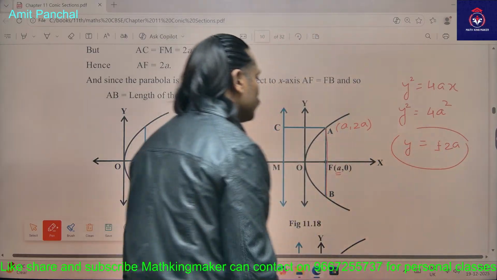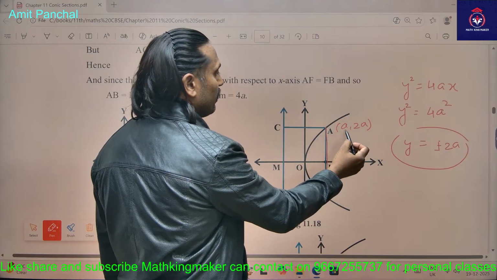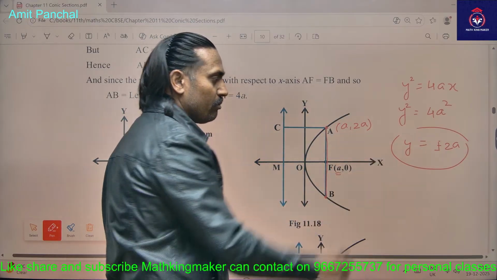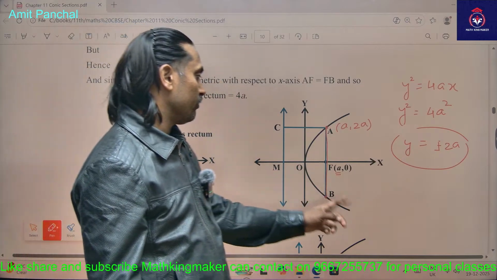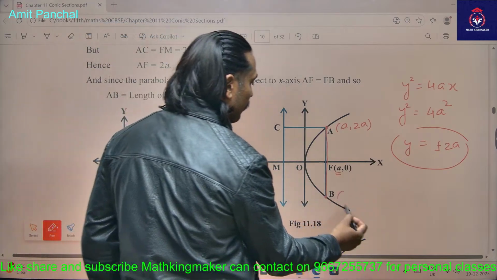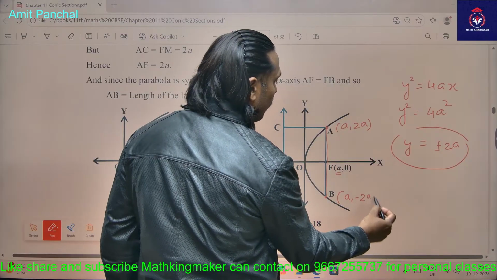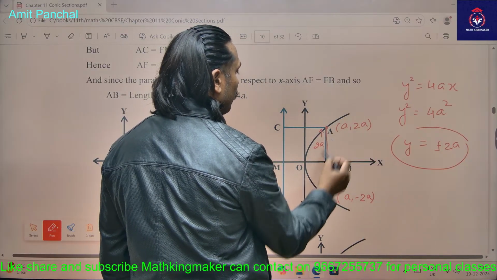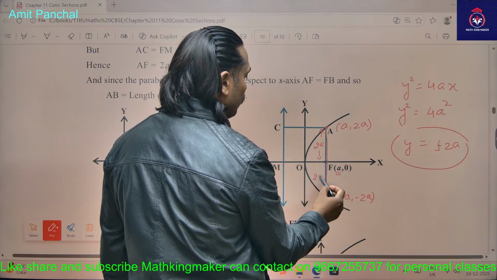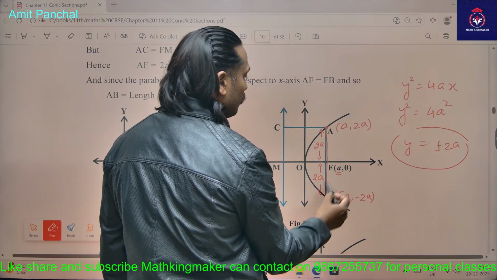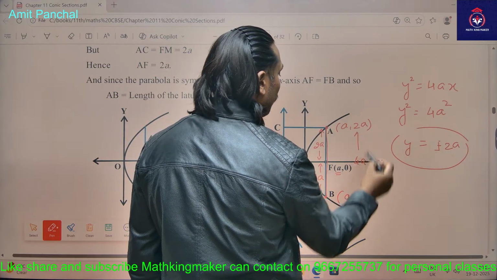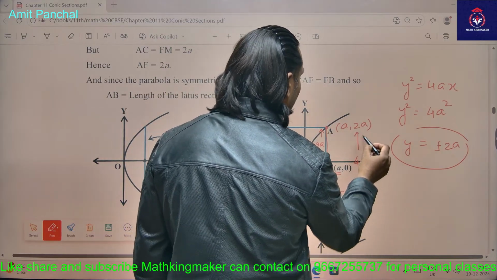So its coordinates are a, 2a and a, minus 2a. So what will be the length of this part? It is 2a, so the length of the latus rectum will be 4a. Got my point?